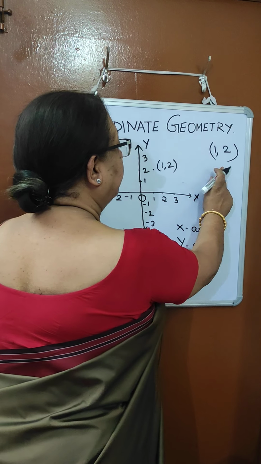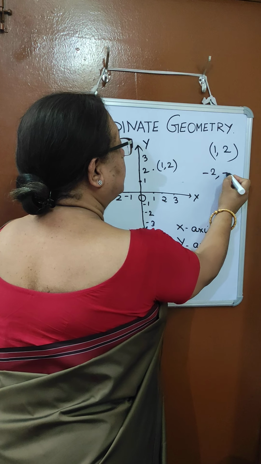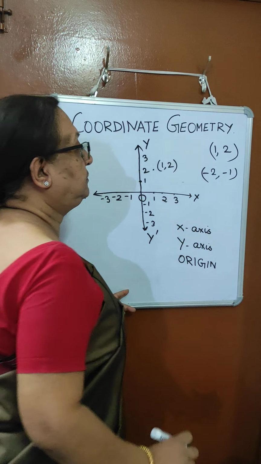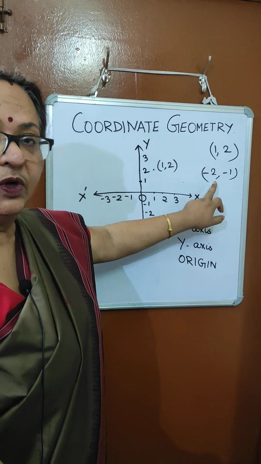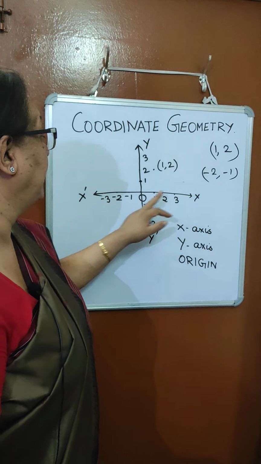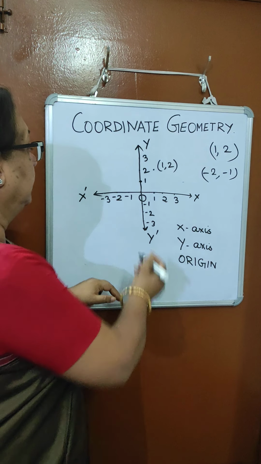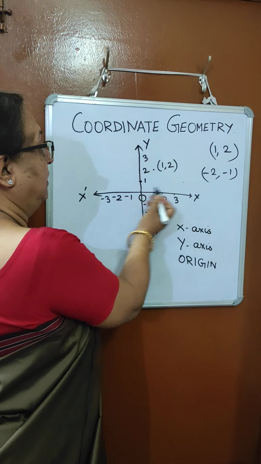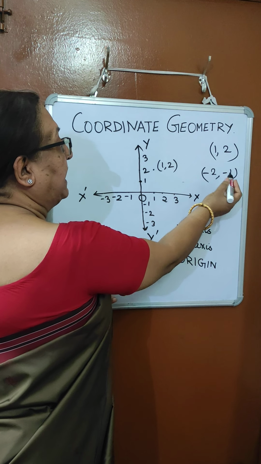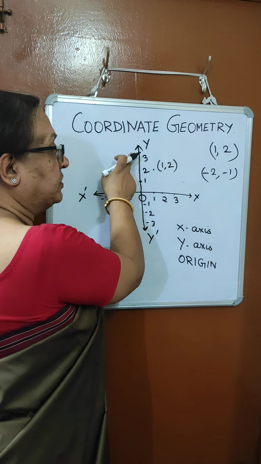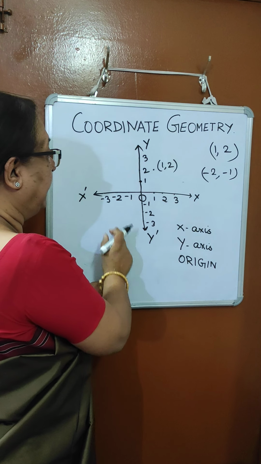Suppose I say a number -2, -1. So again the first one on the x-axis, -2. Where is -2? Here. And then -1 on the y-axis. These are all positive numbers. These are the negative numbers.